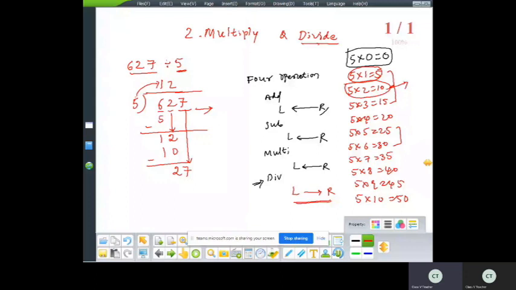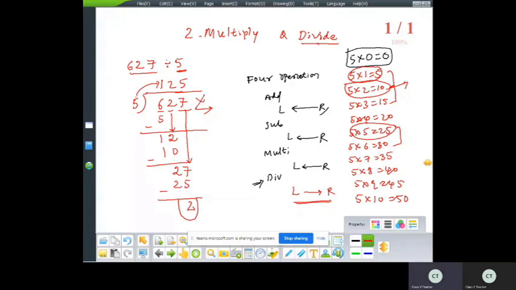Now do subtraction again. 7 minus 5, 2. 2 minus 2, 0. There are no more numbers after 627. Our problem terminates here.